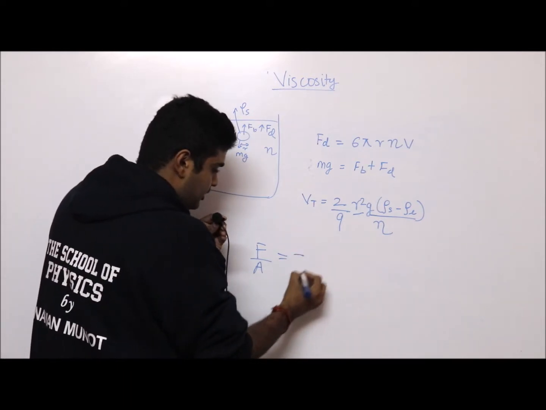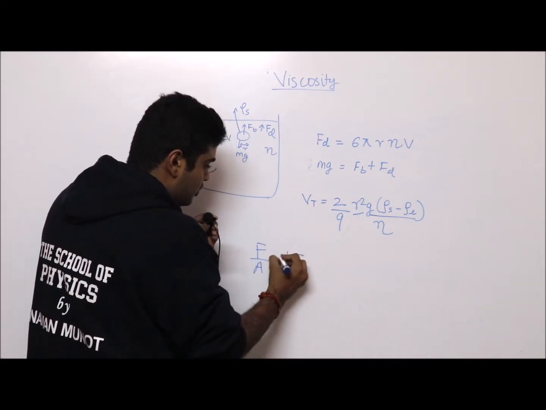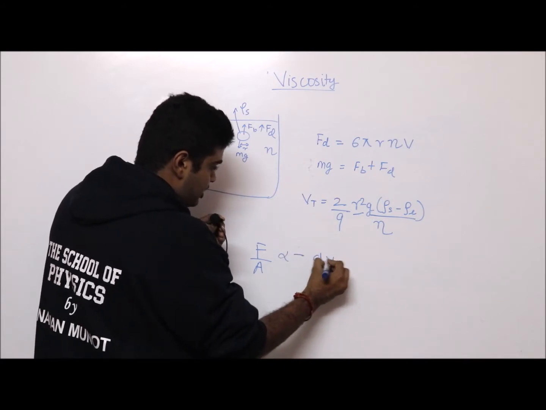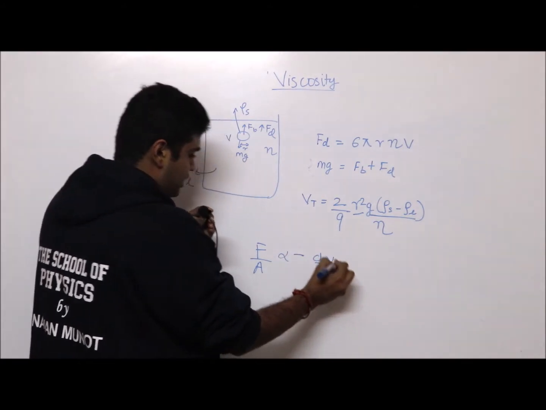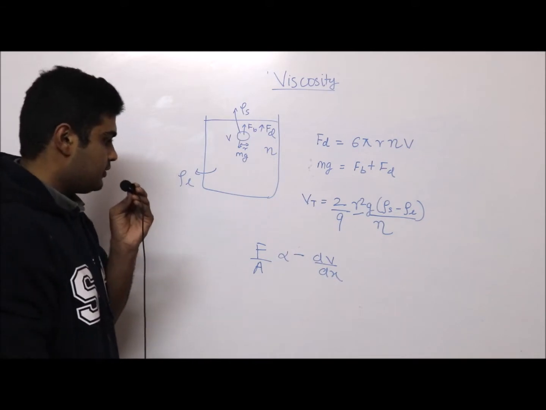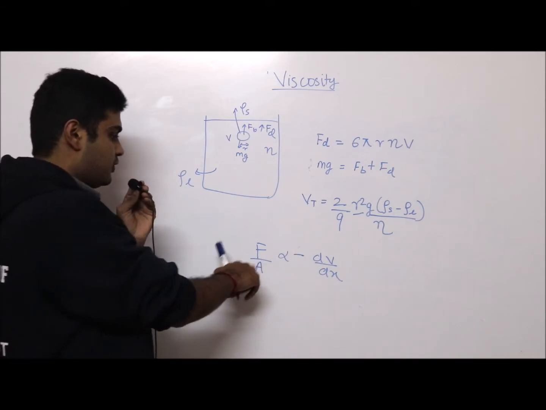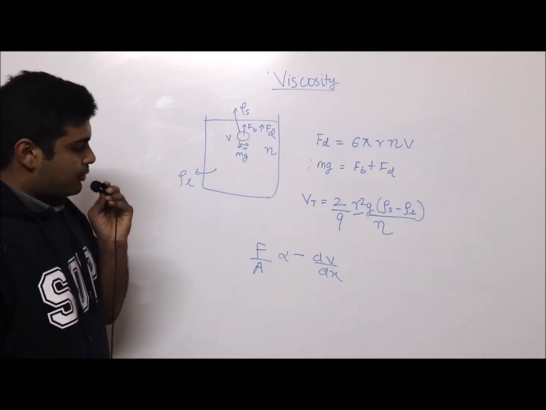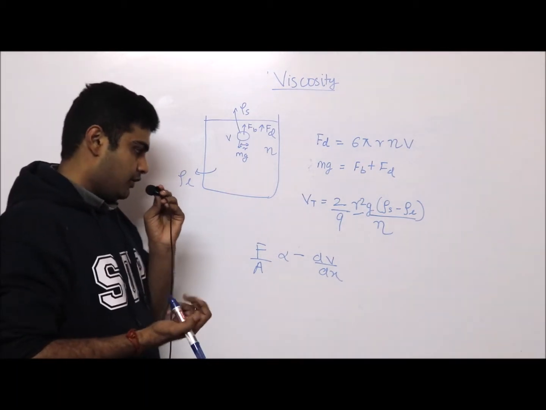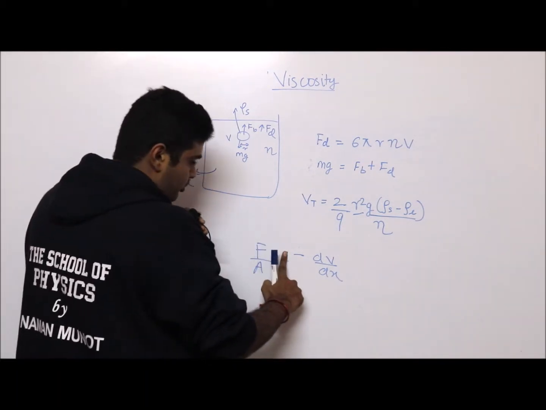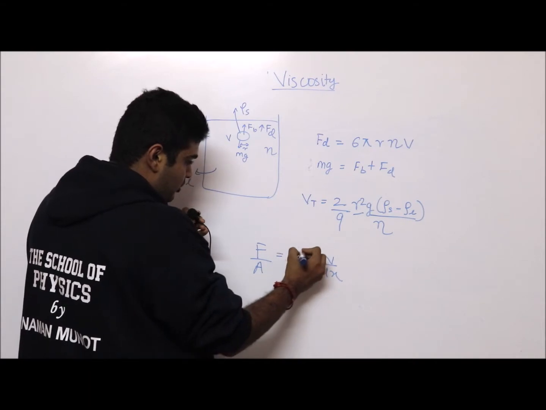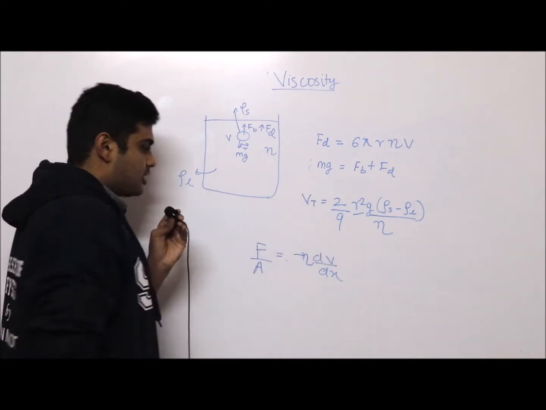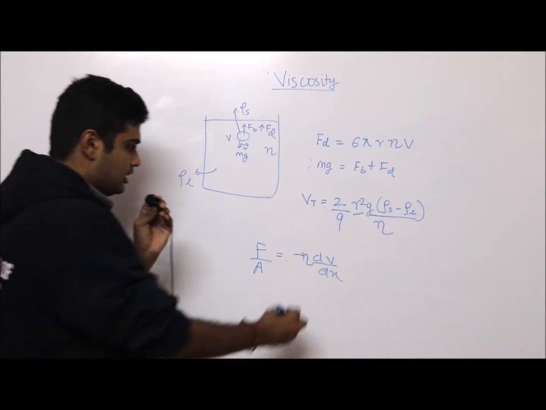It is negatively proportional to the gradient of the velocity in x direction, or in the direction in which force is acting. So viscous force upon area is directly proportional to the negative of the gradient of the velocity, and to remove the proportionality we add a constant, and this constant is called viscosity.